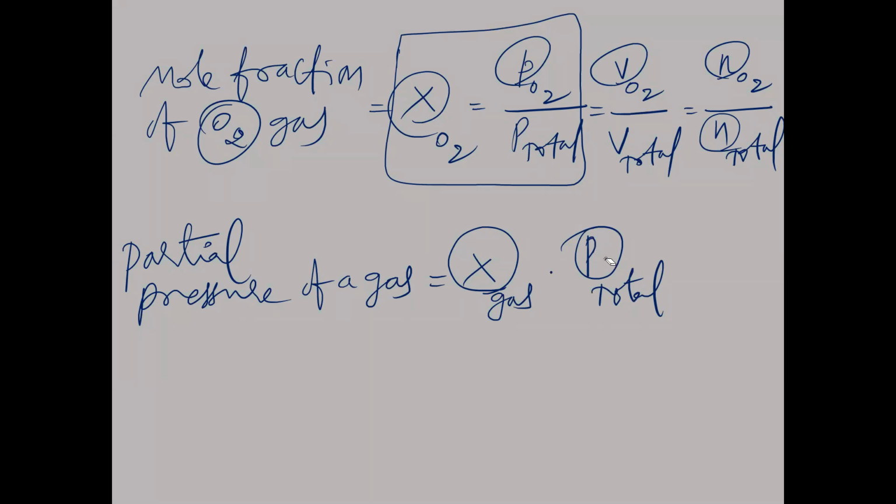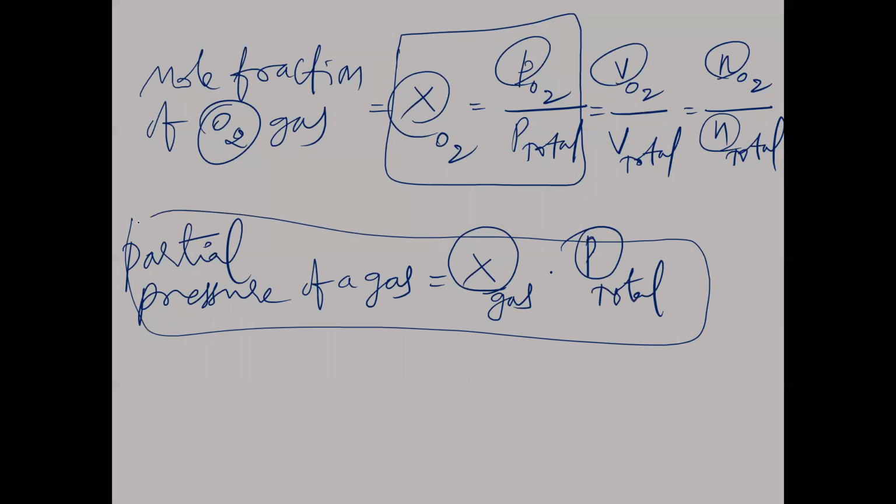So P total into the mole fraction gives the partial pressure of the gas. This relation is very important. Is the concept clear? It is about Dalton's law of partial pressures. Let's take a screenshot of this.